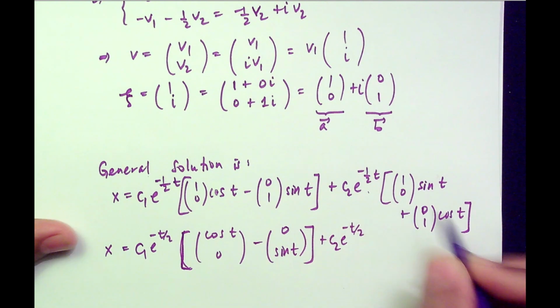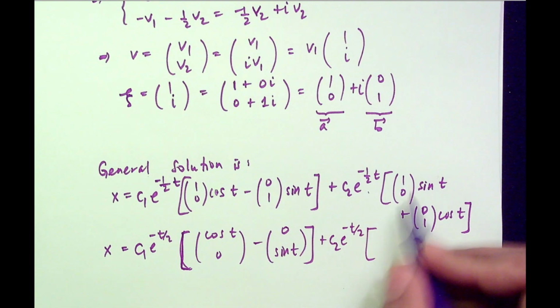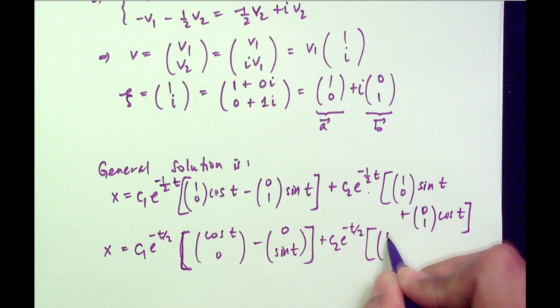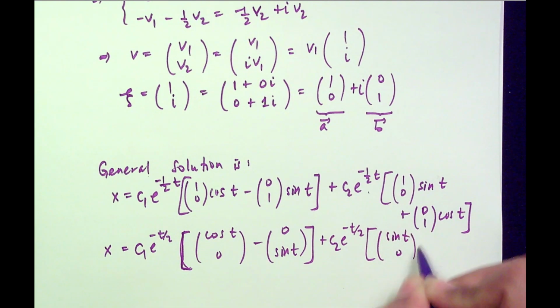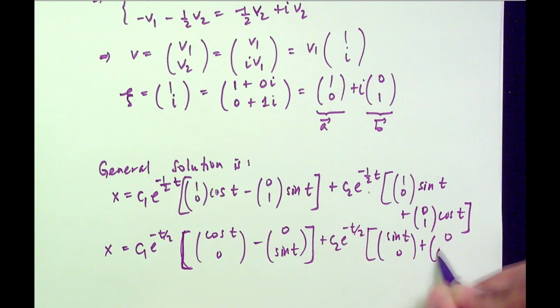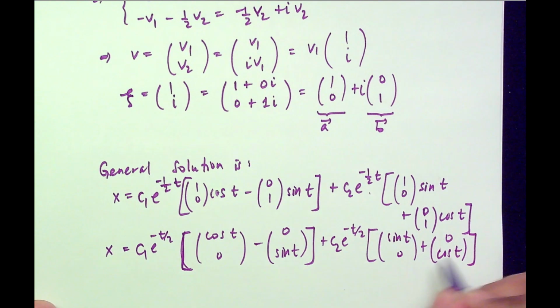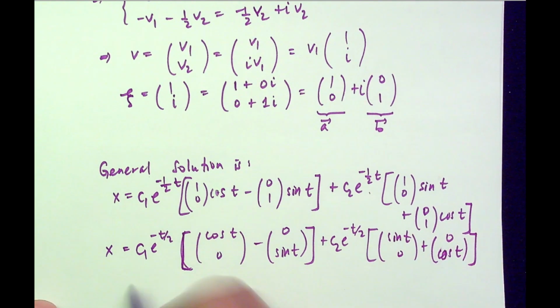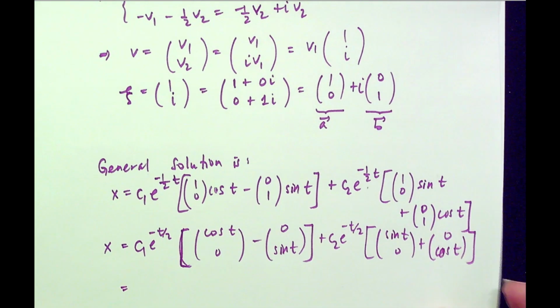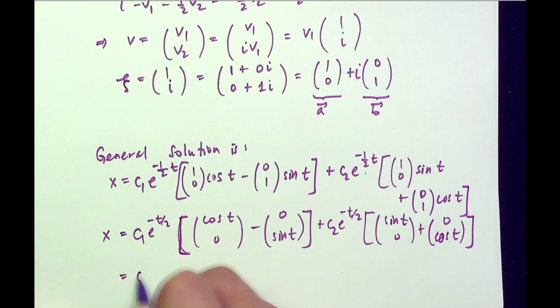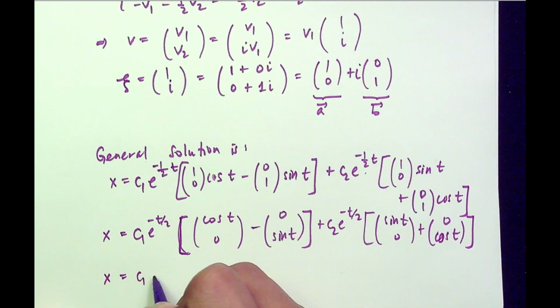And then simplifying this other one, distributing the sine, you will get (sine of t, 0) plus (0, cosine of t). And this would be C1, continuing the simplification, e to the negative t over 2.